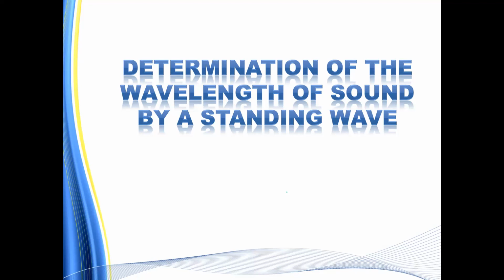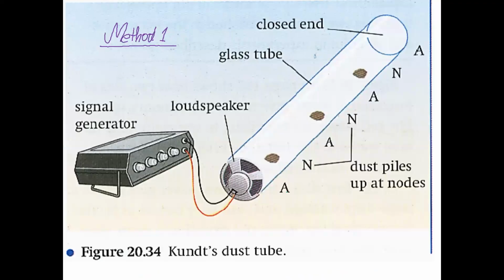Wavelength is velocity divided by frequency. The apparatus approach is the same, but first we discuss the first method.